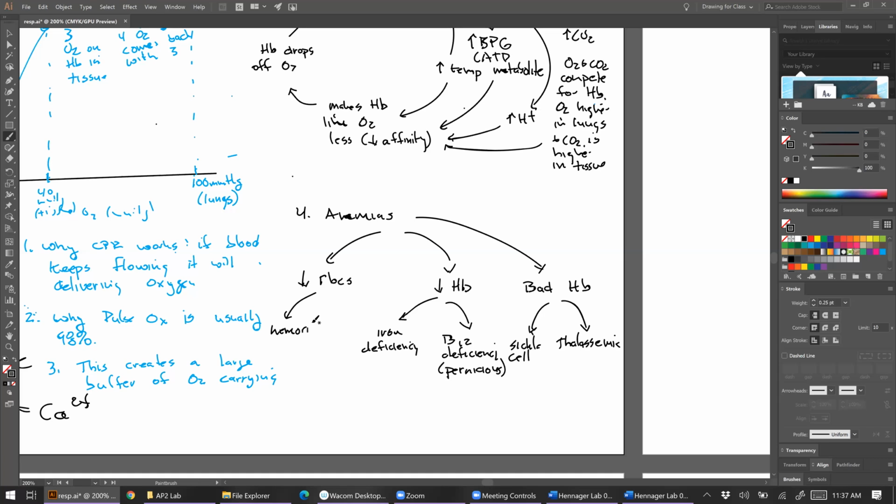So this is hemorrhagic anemia, and this is blood bleeding. You can have aplastic, which is a problem with your bone marrow.